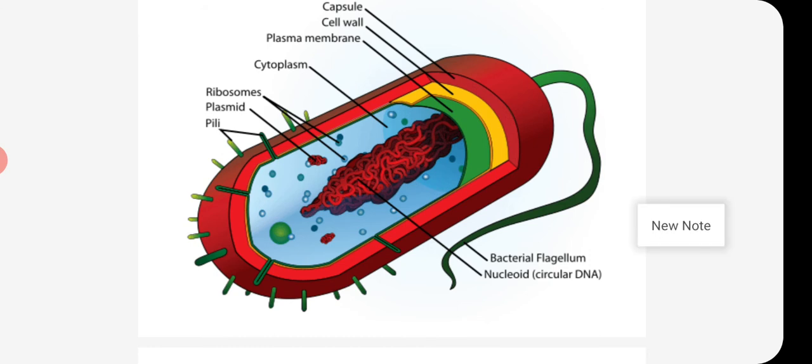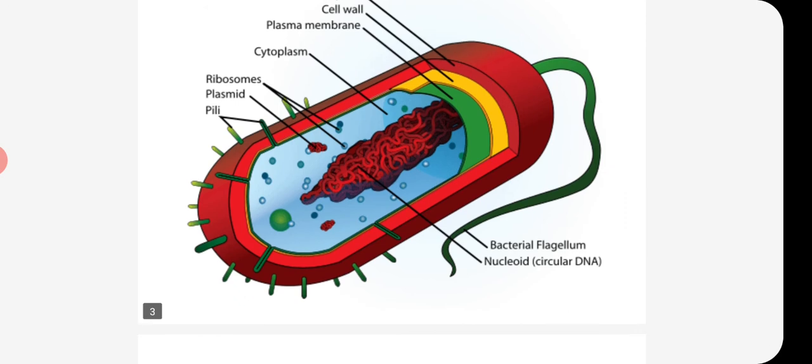There are mainly three types depending upon their function: F plasmids, also known as male factor, which help in sexual reproduction; virulence plasmids, which help in disease causing activities; and R plasmids, which are meant for resistance.